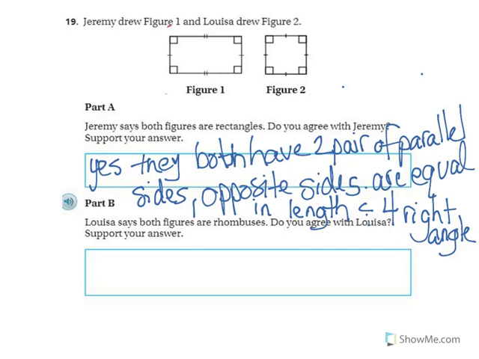So let's see. We know that we've got 2 pair of parallel lines in our rectangle, but do we have 4 sides that are of equal length? No. We have 2 sides opposite of each other that have equal lengths.